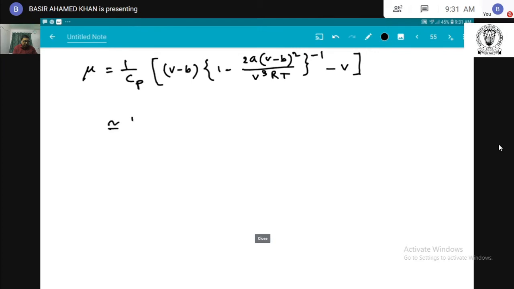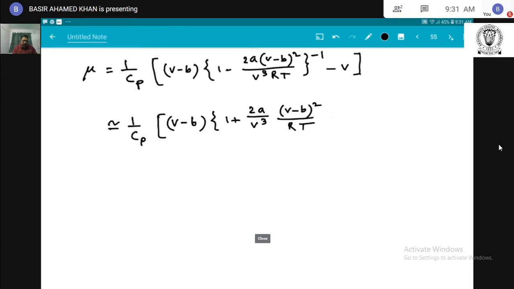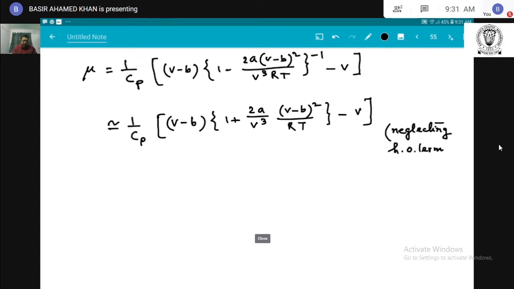We get mu equal to 1/Cp [(V − b) within second bracket (1 + 2a(V − b)²/(V³RT)) − V]. I neglect the higher order terms.